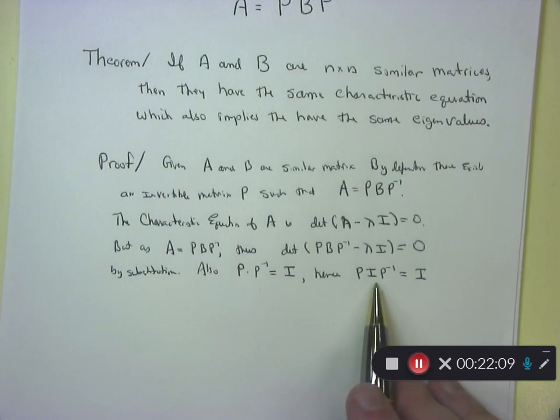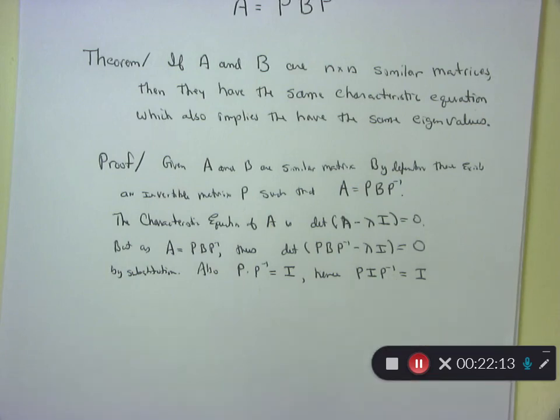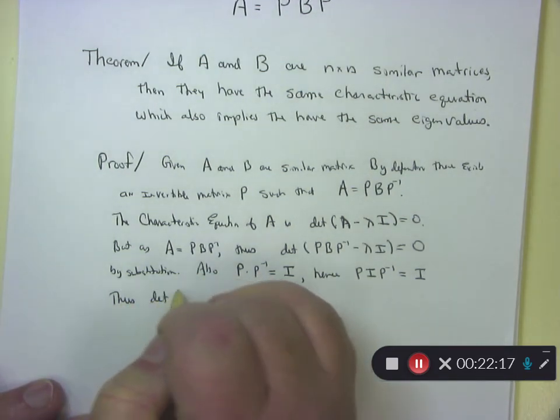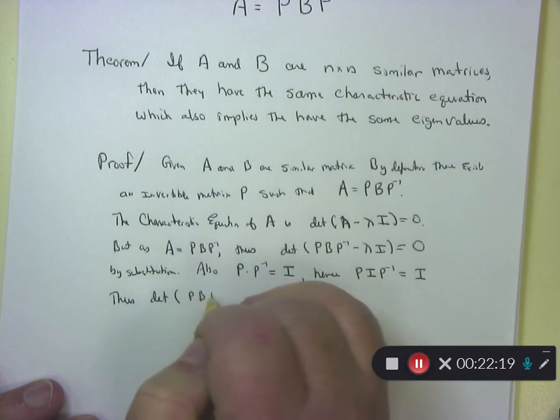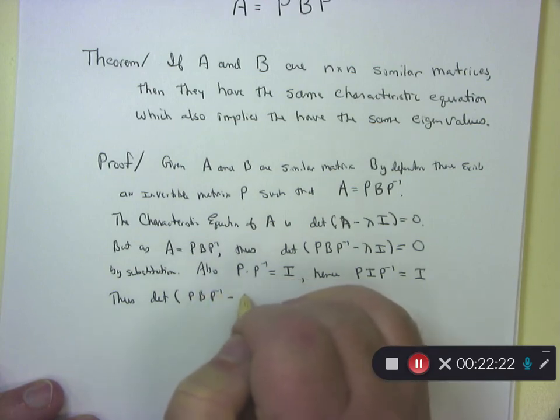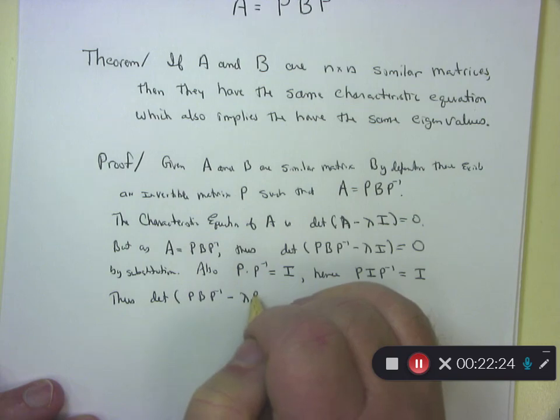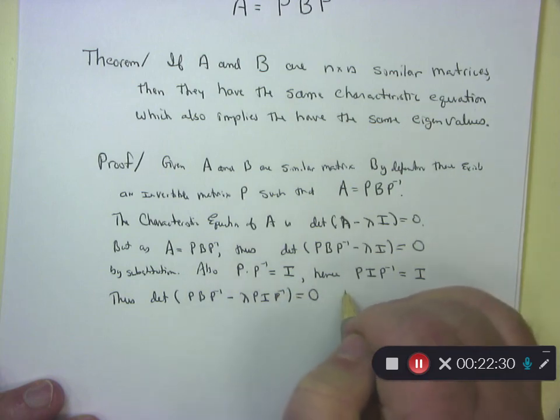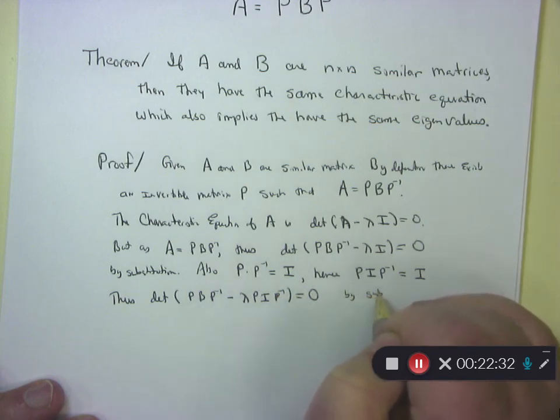P times the identity is just P, and P times P inverse gets you back to the identity. Thus, the determinant of P B P inverse minus lambda times P I P inverse is equal to 0. That's by substitution.